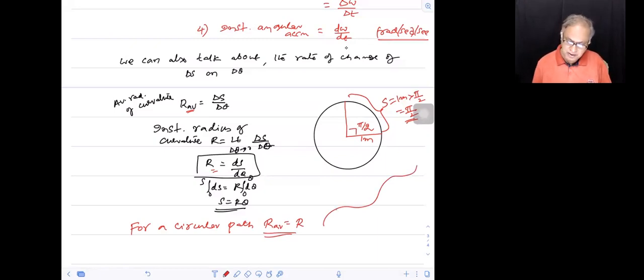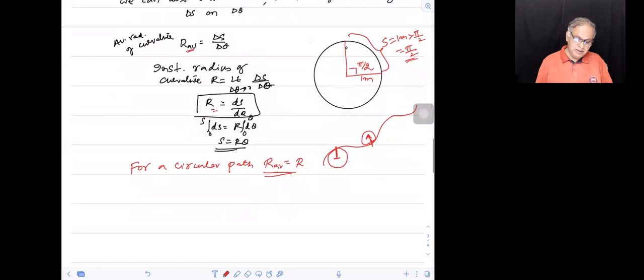You need to take the average radius of curvature between 2 points, which is different from the instantaneous radius of curvature here. But from this point to this point, something else will come. So for a circular path, R is the same everywhere. And this radius of curvature business is very, very important for the future.